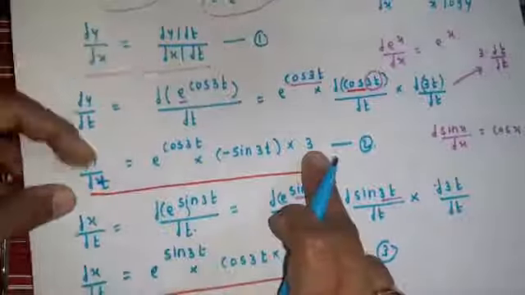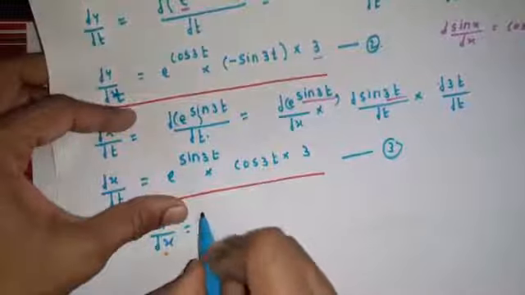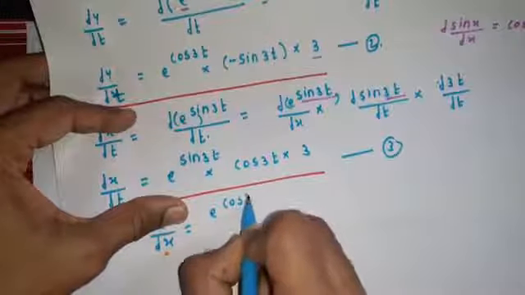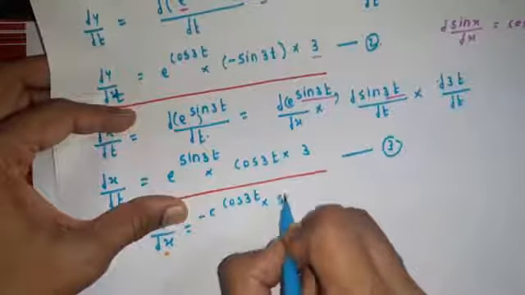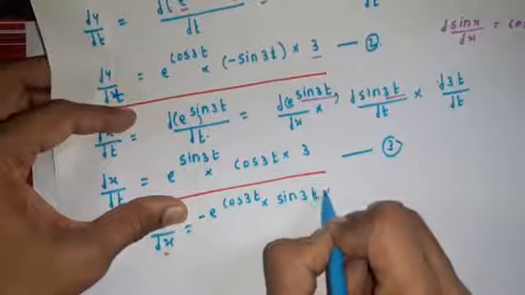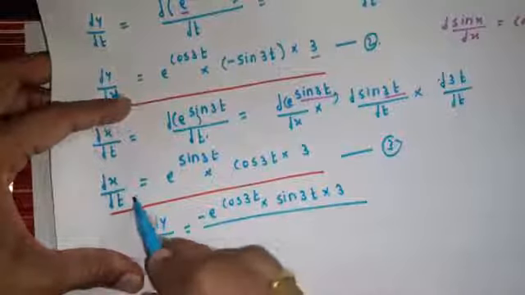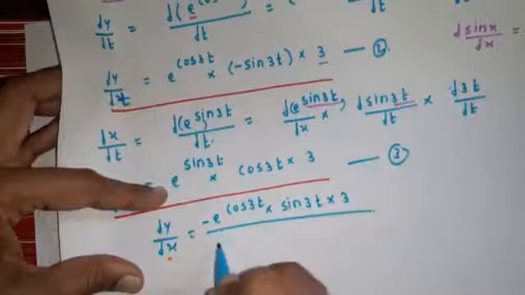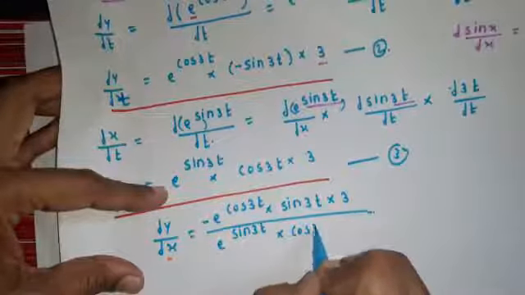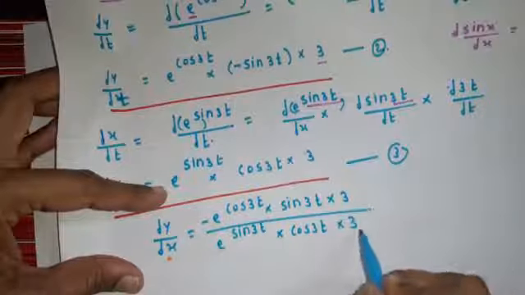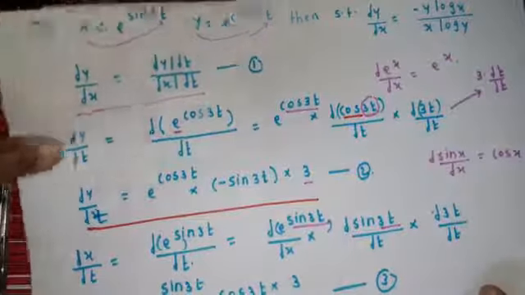Dy by dt is this value, that is dy by dt equal to e raised to cos of 3t into minus sine of 3t into 3, upon dx by dt. Dx by dt is e raised to sine of 3t into cos of 3t into 3. These 3 get cancelled. Okay students, so this is our dy by dx.